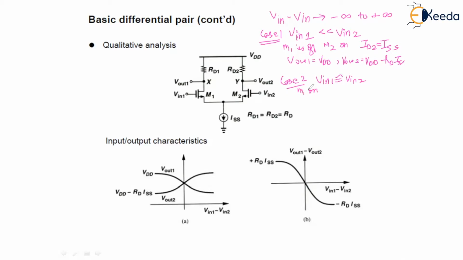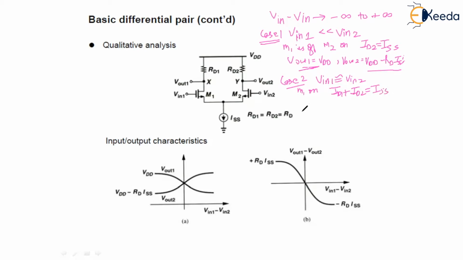Now it will also draw current from ISS through this RD1, hence lowering the Vout1, which was equal to VDD, and Vout2 rises as this current gets lower, this drop gets lower. So the drain current of M2 falls, hence ID1 plus ID2, the sum of these two currents, is equal to ISS.